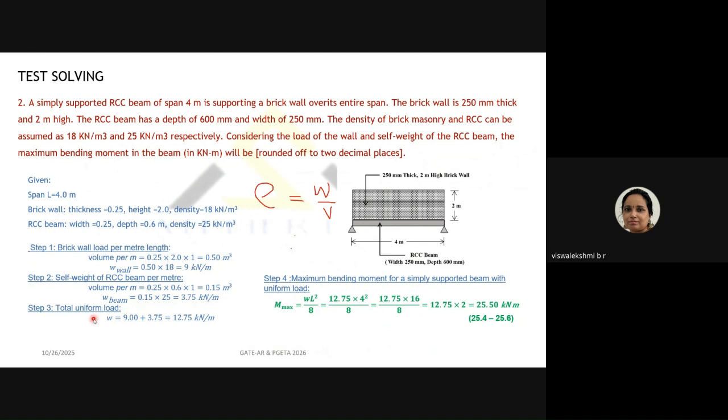Next, we'll take the total uniform load by adding the brick wall load and RCC beam load. We'll get 12.75 kilonewton per meter. Substituting the total load in this formula, we'll get 25.5 kilonewton meter as the maximum bending moment.